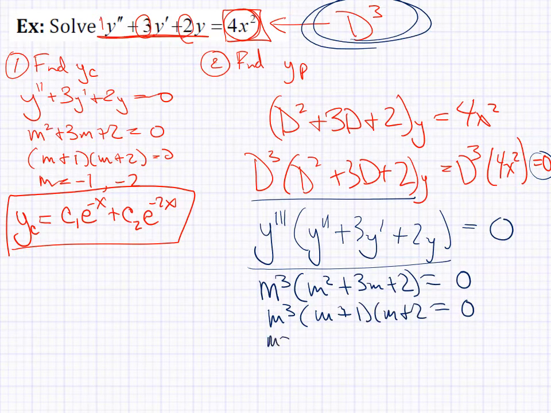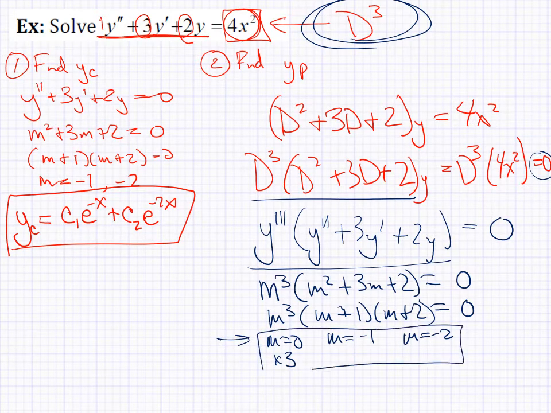And so we get m equals 0 but this is repeated 3 times. We get m equals -1 and m equals -2. So think of this as a whole new equation and a whole new set of solutions. And how would we deal with this if this was our homogeneous? Well, we would say that the solution should be c1 e to the -x using that, plus c2 e to the -2x using that.